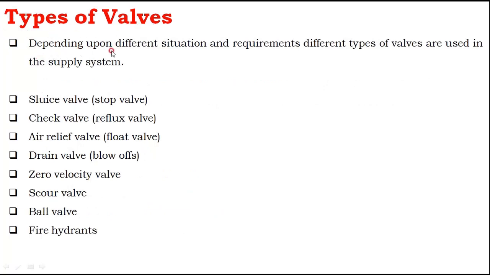Now, types of valves. Depending on different situation requirements, different types of valves are used in the water supply system. They are sluice valves, commonly called stop valves; check valves, commonly called reflux valves; air relief valves, commonly called float valves; drain valves, commonly called blow off valves; zero velocity valve, scour valve, ball valve, and fire hydrants.